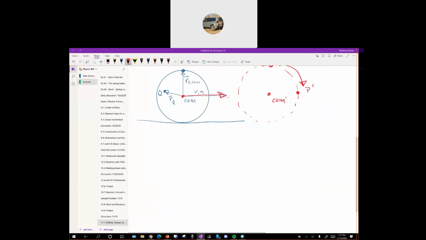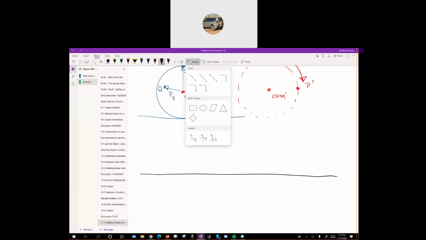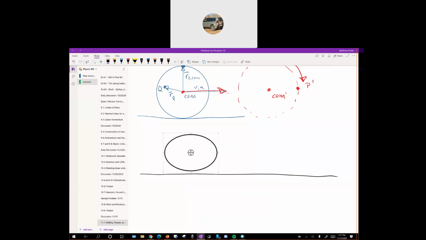Let me draw this set again real quick. Okay, here's our wheel at one position, and some later point in time.